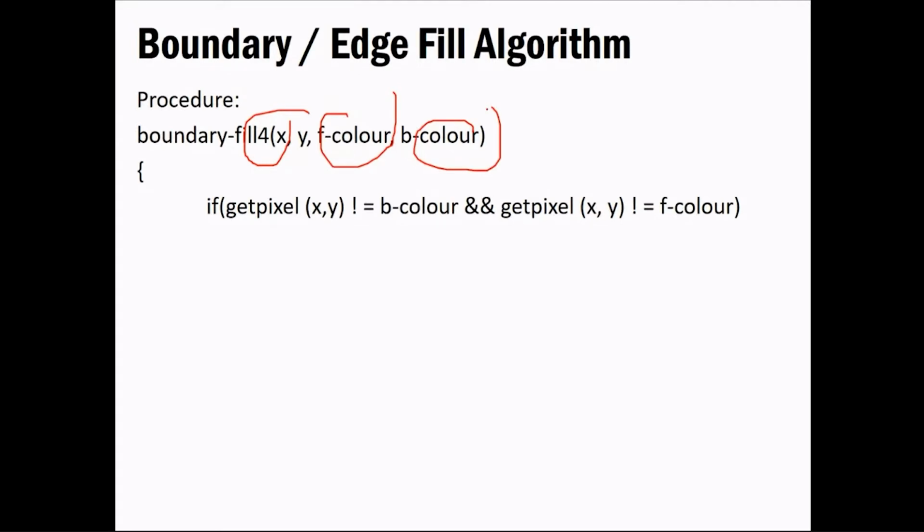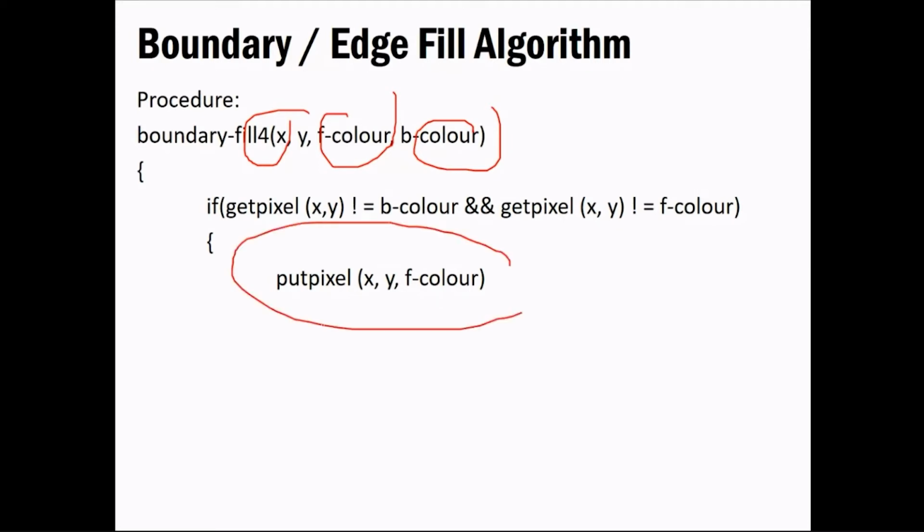And if we don't have this information, that is, if this is not the boundary region, then we have to fill it. To fill, you have to put a pixel. So what you are doing is painting that pixel with a color that you are giving for your purpose. Now what we say is we are adapting the 4 connected region.